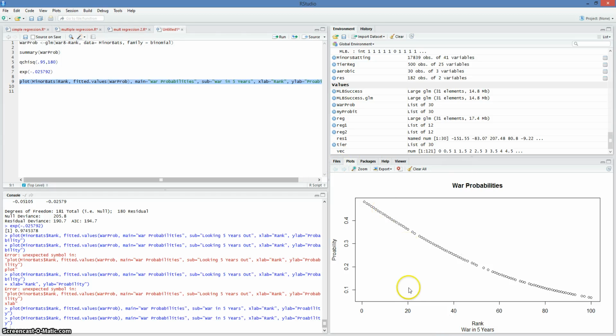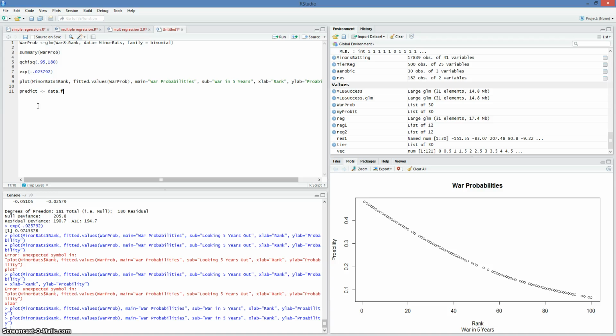For rank 20, it looks like it's about 0.35. We're not totally sure what it is, so what we want to do is create this predict variable. We're just going to predict all the fitted values.